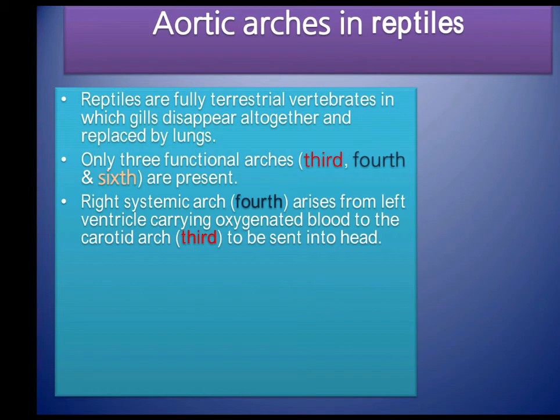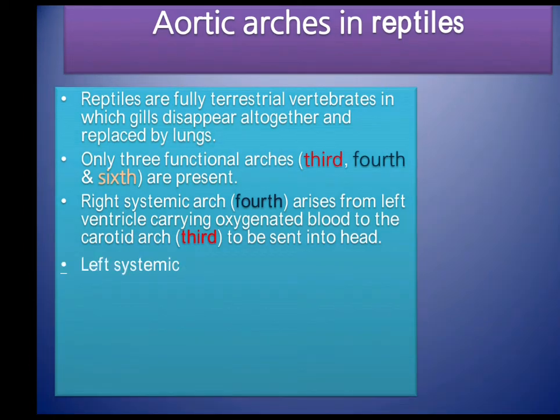And third, to be sent to the head. So this is an important thing. That means the right systemic arch from the fourth pair, it arises from the left ventricle. So I'll be showing you in the diagram.